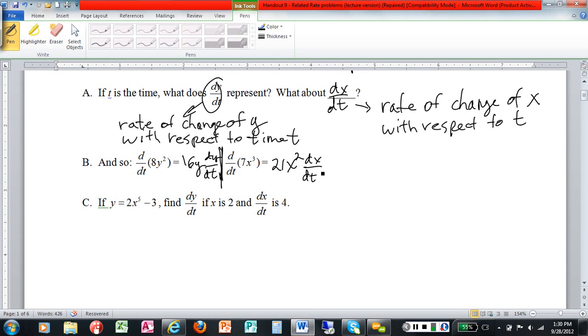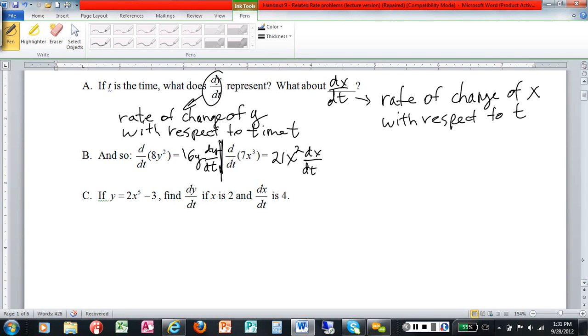So what you're doing the derivative with respect to, that's really a big deal. You've got to pay attention to it. We go along doing the derivative with respect to x all the time, but when you're doing the derivative with respect to t, you've got to think about those things. Is that okay? So that's the change here as far as derivatives are concerned. We're doing the derivative with respect to t a lot.